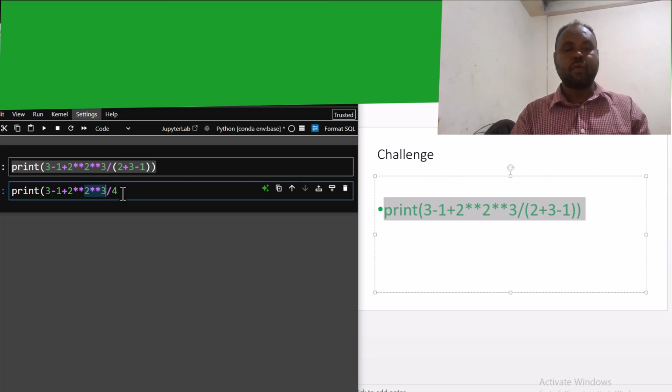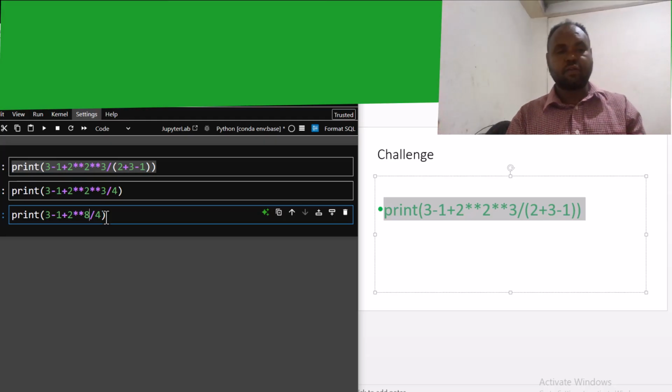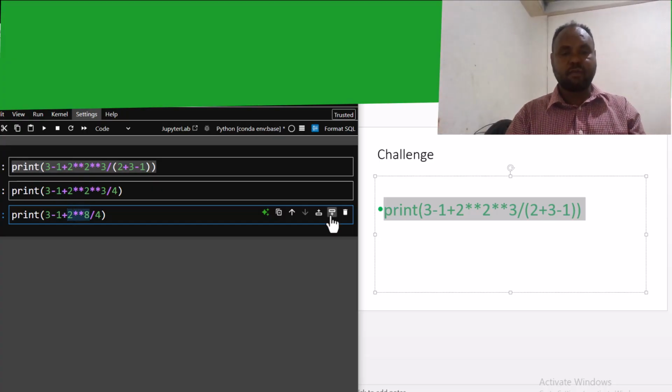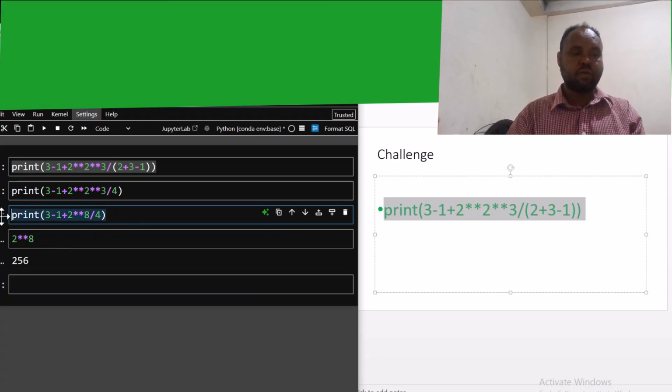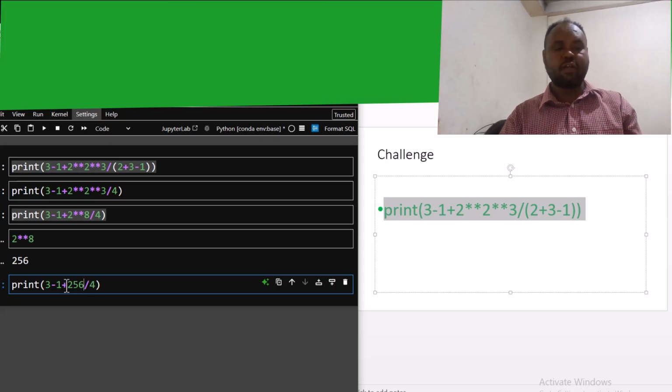Therefore, we come up with this result. 8 to the power of 3 is 8... This also is evaluated first, because exponentiation precedes addition and subtraction. Therefore, this becomes 256. Now 256 divided by 4 plus 3 minus 1, right?